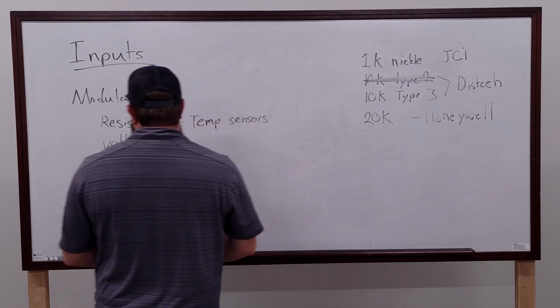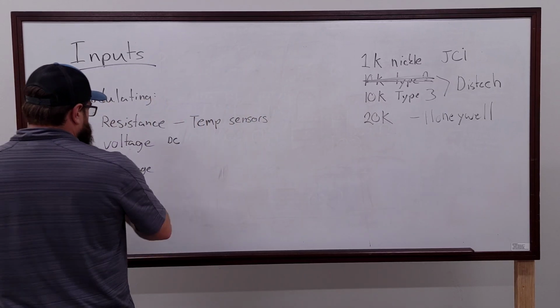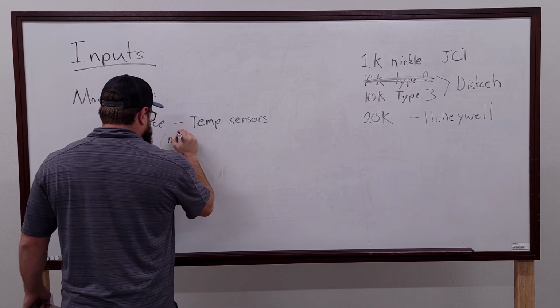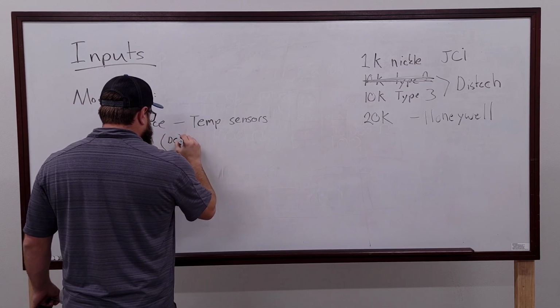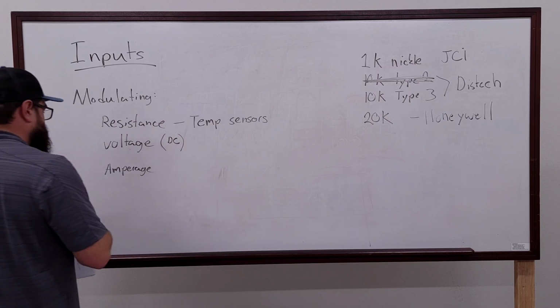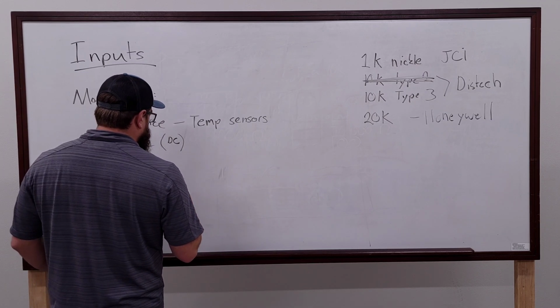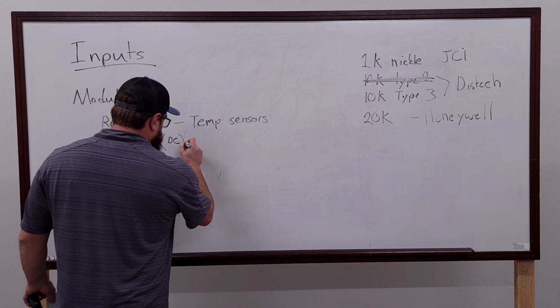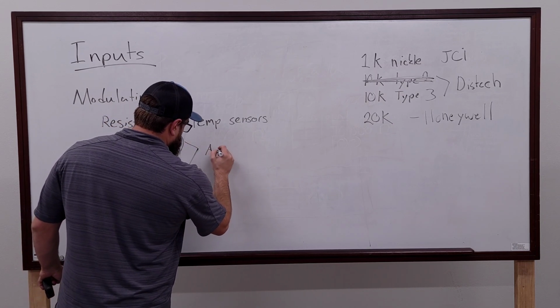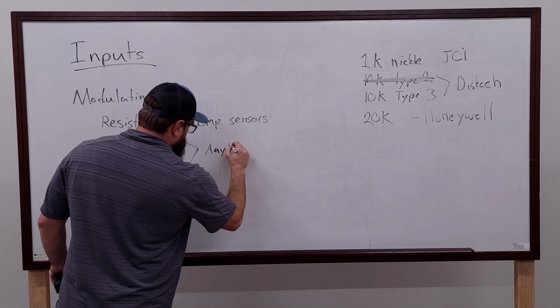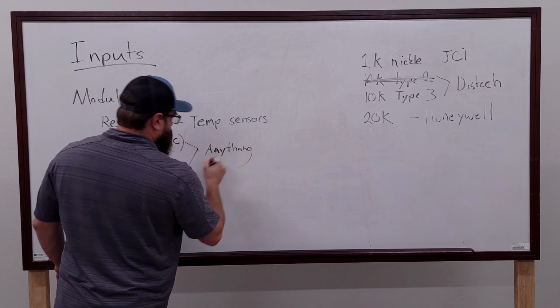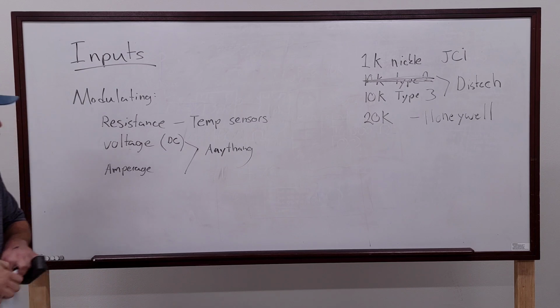All right. So then there's voltage inputs, which a voltage input can literally be anything. Same thing with the amperage. We'll just classify these together. They can literally be anything because it's scalable. I can take anything that's a voltage, 0 to 10.